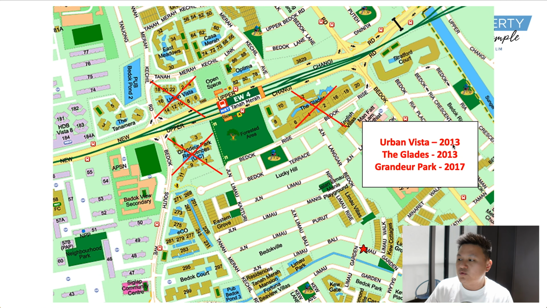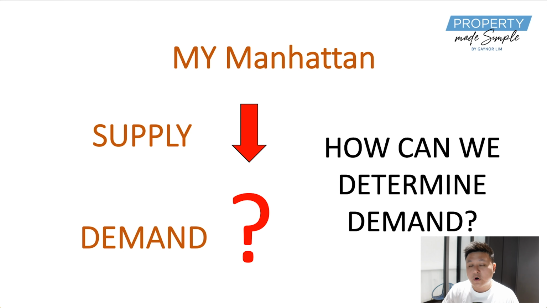They are actually in 2013 and 2017. So during that time, we only have East Meadows, Casa Merah, Optima, and Eco, and that's why we don't have a huge supply in Tanah Merah area as well. So overall, based on this, we can determine that if we want to invest in My Manhattan, the supply of condo units is actually not a lot. So it's actually on the lower end.